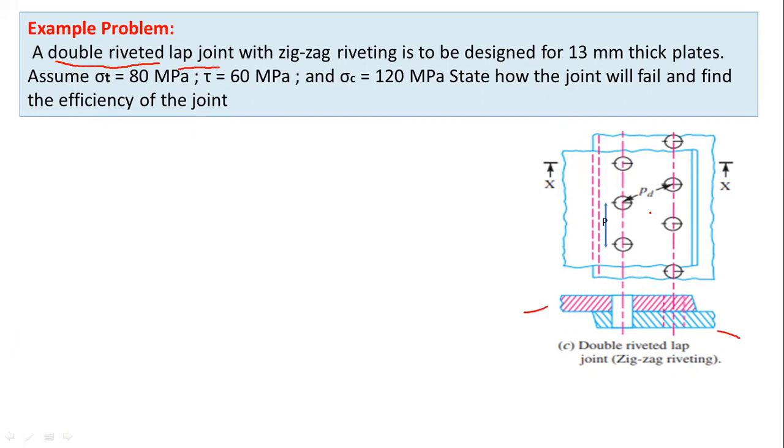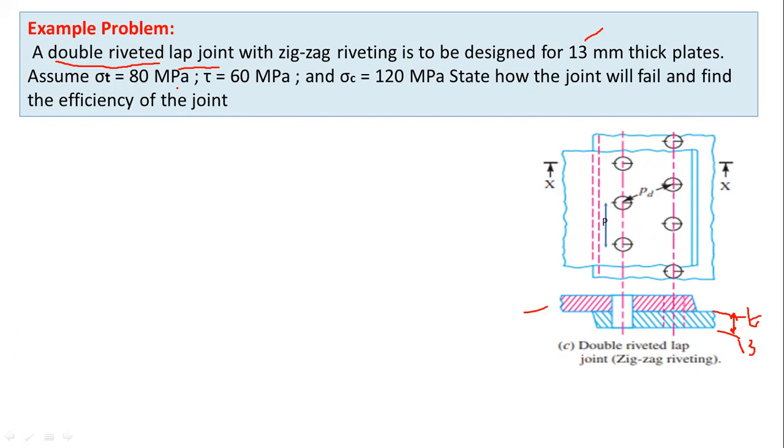Here, this is a double riveted zigzag riveting. A zigzag riveting is to be designed for 13 mm thick plates. Here, the thickness of each plate is 13 mm.